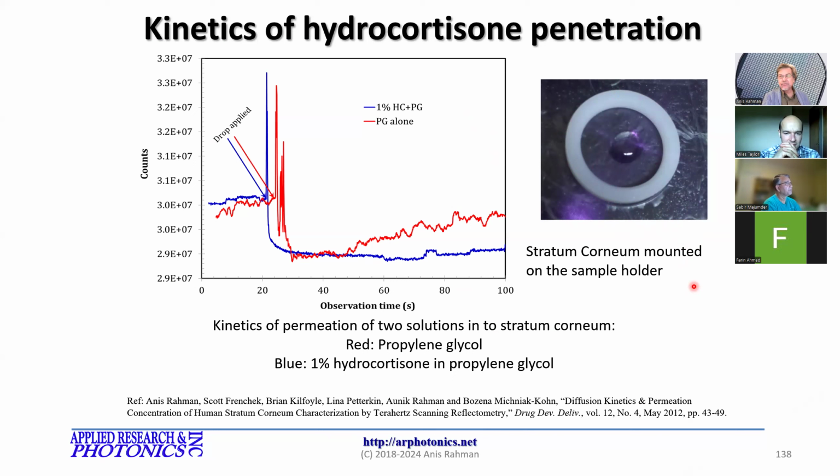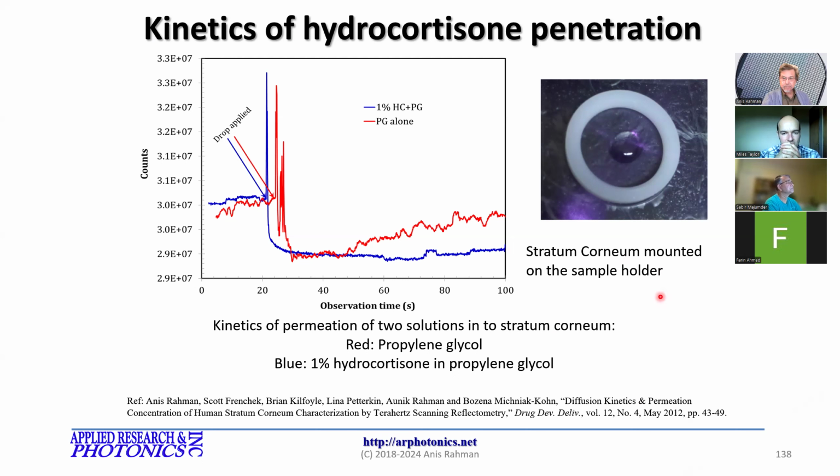Stratum corneum is a very fragile structure. It can get ripped off very easily, especially when we keep it frozen. It remains in dry ice until we receive it, and then we start doing the measurement as soon as we can. But nonetheless, it is a very fragile structure. So mounting it on the cell takes a little while.